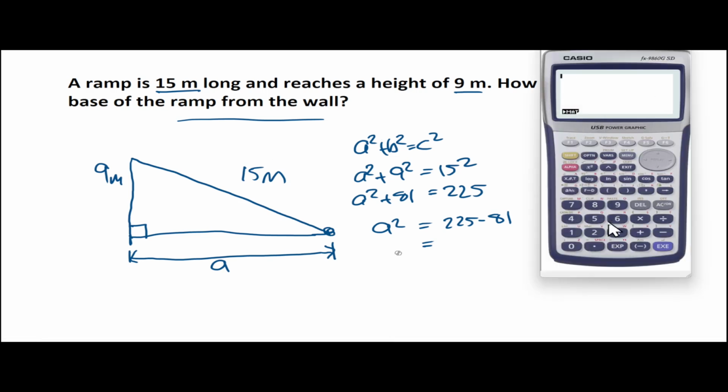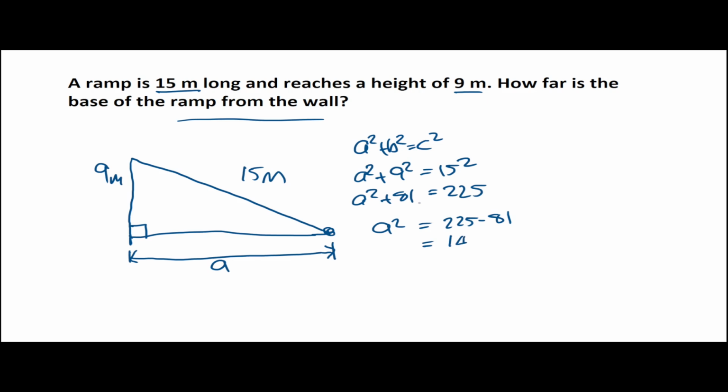I suspect we may have used these numbers. 225 minus 81 is 144. So therefore a is going to be equal to the square root of 144, which you should know is a perfect root. A equals 12. 12 what? Well, a equals 12 meters, and there's our final answer.